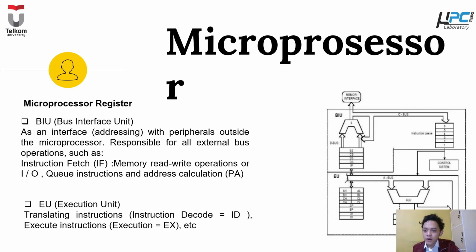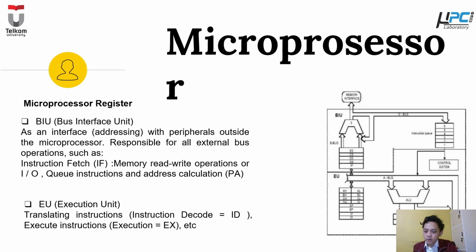Now it is about microprocessor architecture. So the first one is BIU, Bus Interface Unit. As an interface or addressing with peripheral outside the microprocessor, it is responsible for all external bus operations such as instruction fetch or IF, memory read-write operation or input or output, queue instruction and address calculation or PA.